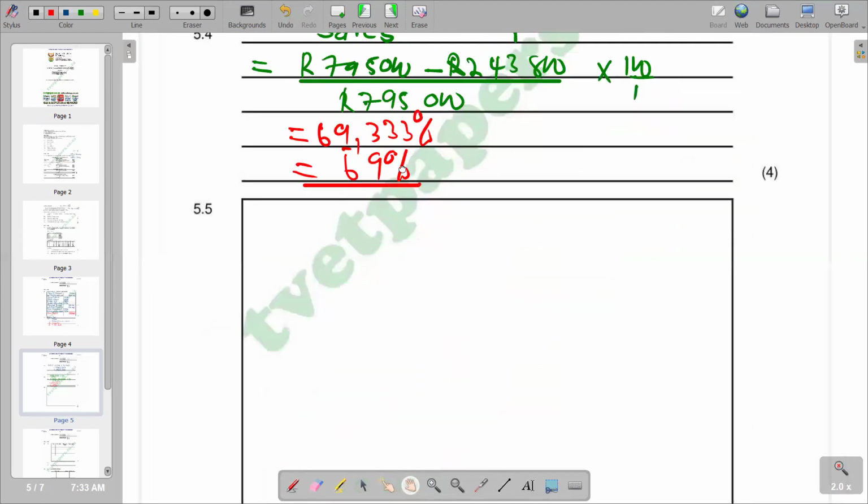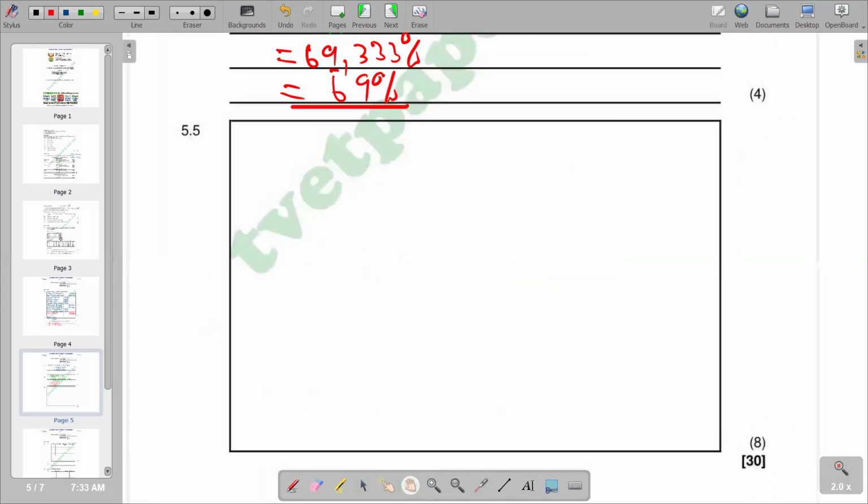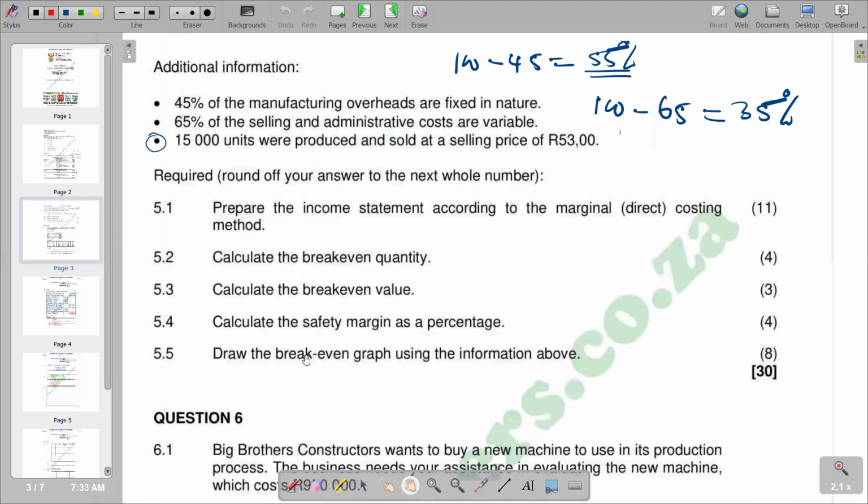So moving on to 5.5. 5.5 is draw the break-even graph using the information above. So in terms of coming up with the graph of the break-even, we are going to be making some references to certain figures that we have already calculated.